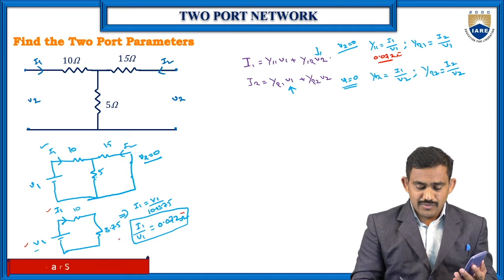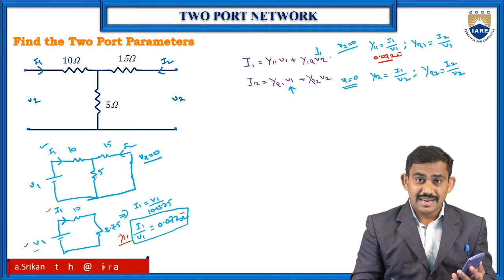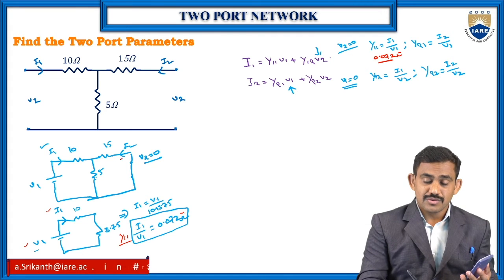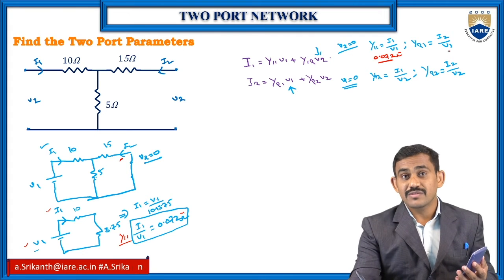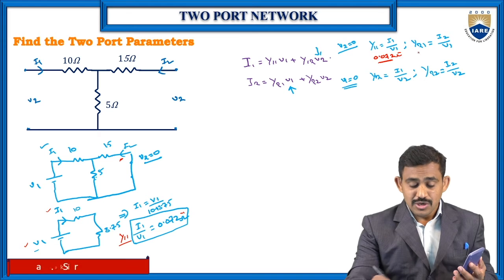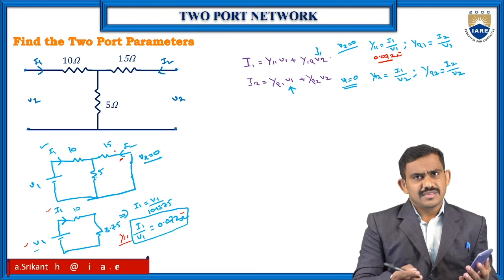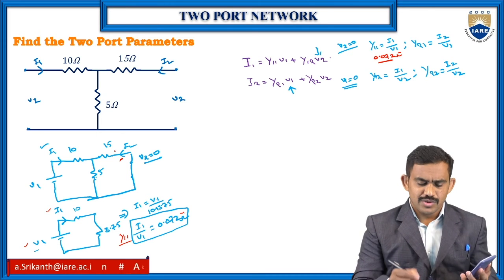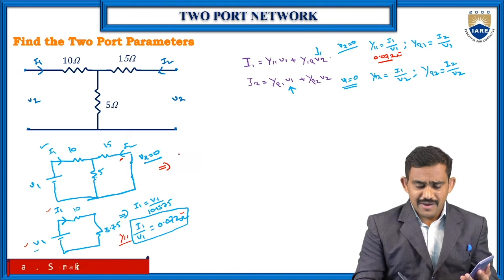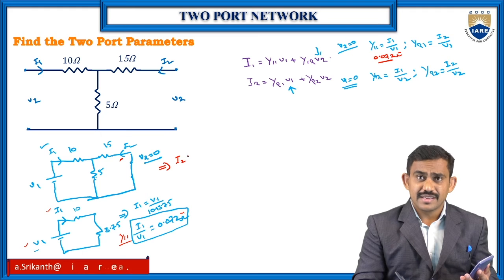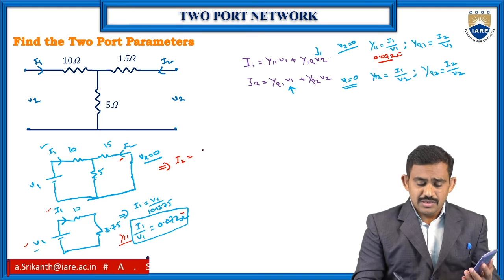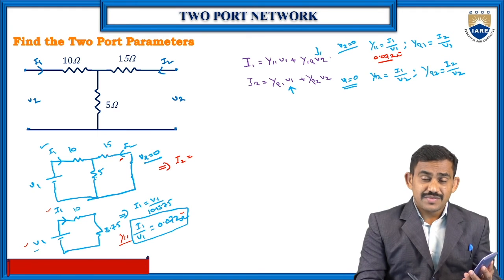We have the Y11 value. But now I want the I2 value also. I2 by V1 is nothing but your Y21 value. So how will we get the I2 value? Same current division rule. It's very simple. From the current division rule, I know the source current and I want the I2 current. I2 current is the 15 ohms current.